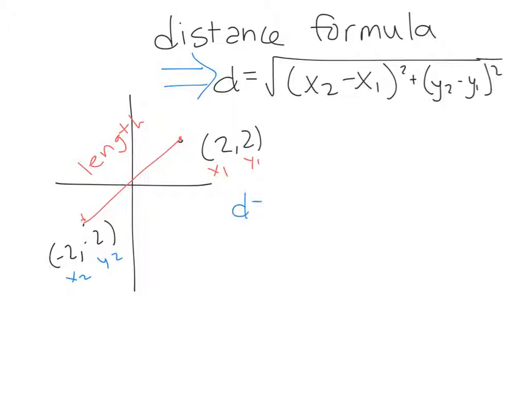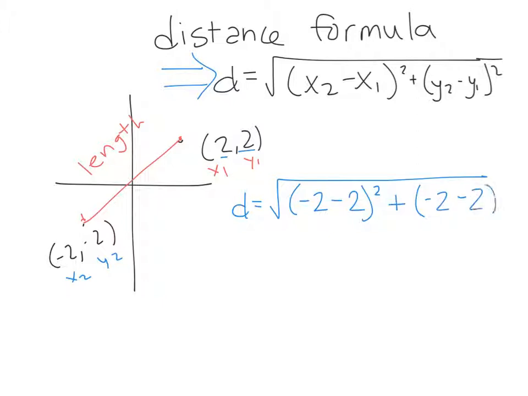So I'm going to plug this in. Just the square root of x2, which is -2, minus x1, which is 2, squared. Then a plus y2, which is -2, and then a minus 2, squared. -2 minus 2 is -4.